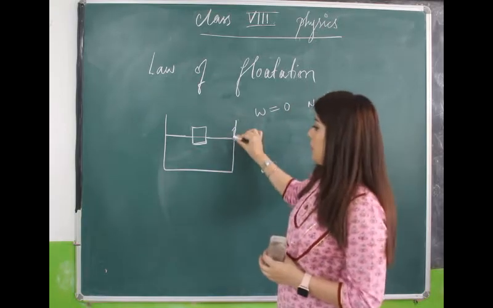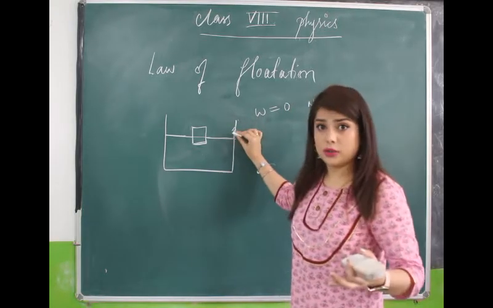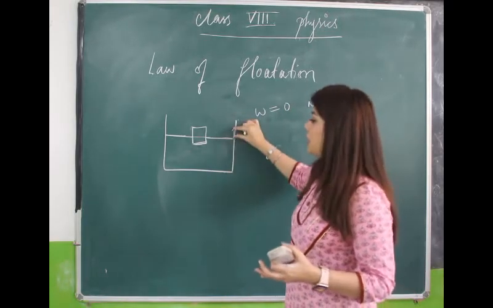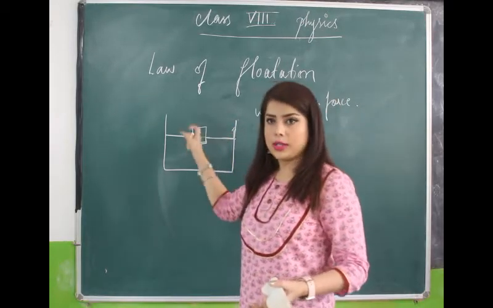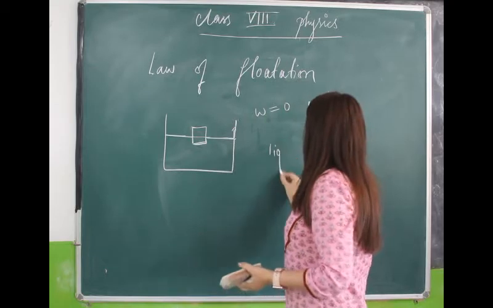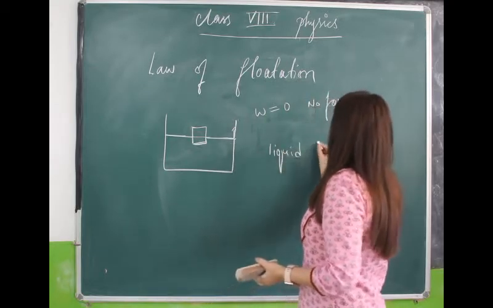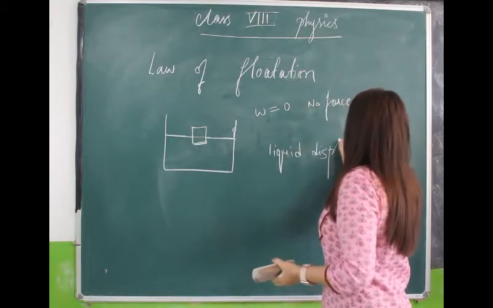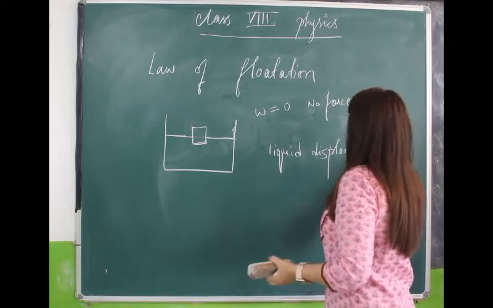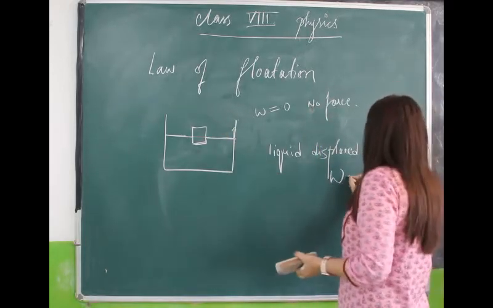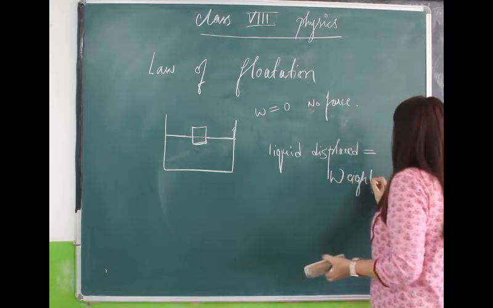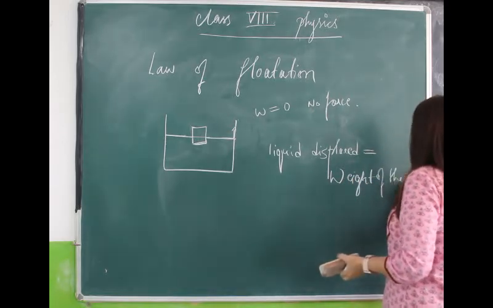The amount by which the level has increased is equal to the weight of this object. So the liquid displaced by the object is equal to the weight of the body.